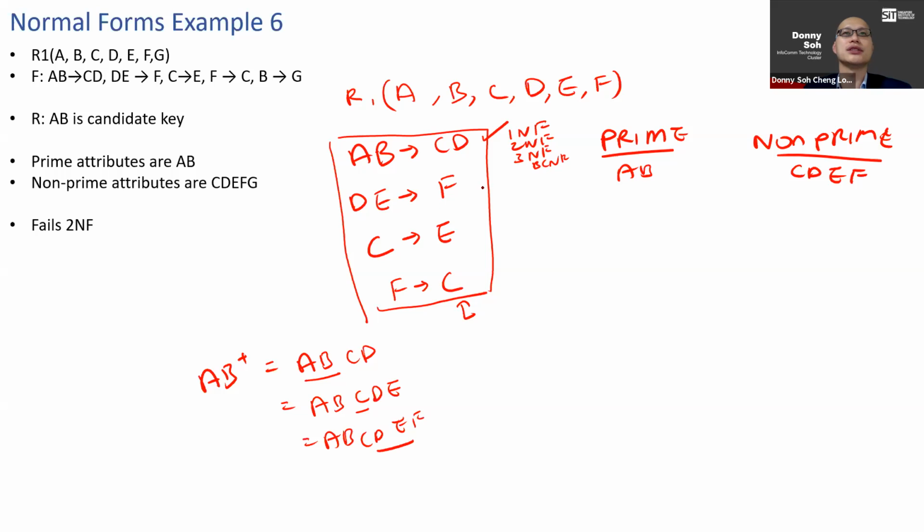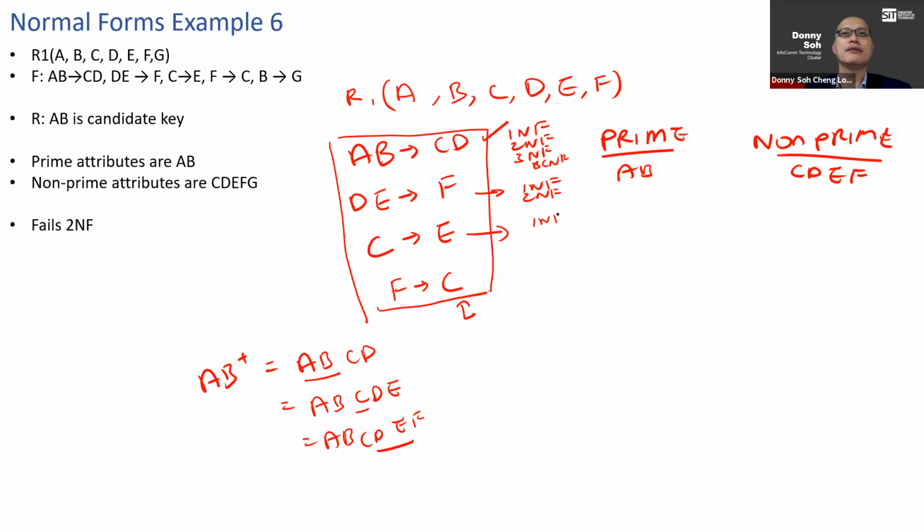Let's look at this condition. DE implies F. So this is non-prime imply non-prime. So this is in 1NF, 2NF. Non-prime imply a non-prime is not a 3NF. So it stops here. C imply E. So again, a non-prime imply non-prime.